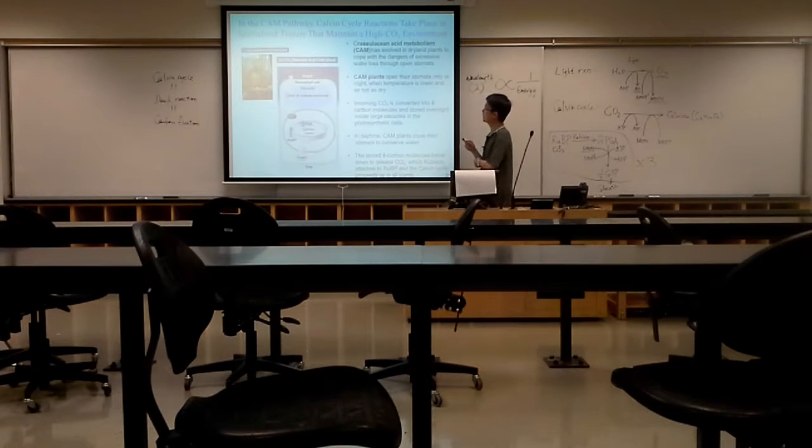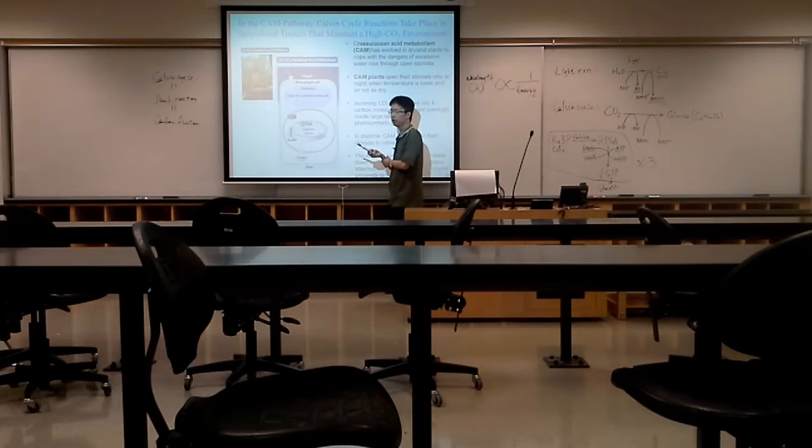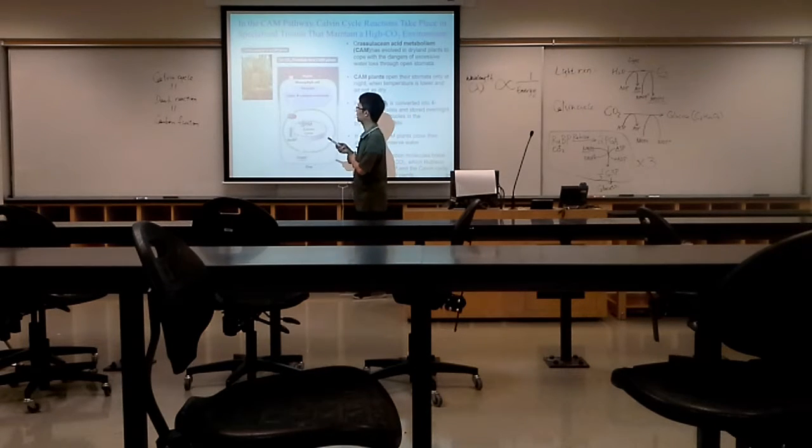In the CAM plant, I already told you that CAM stands for crassulacean acid metabolism. So during nighttime, when the stomata are open, the carbon dioxide can go into the leaf and into the mesophyll cell.